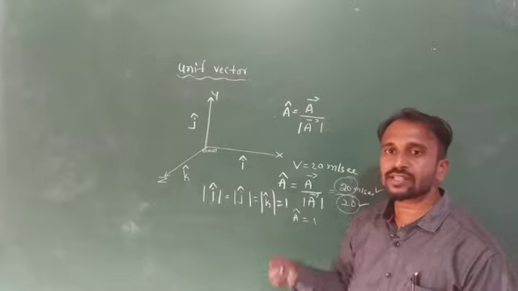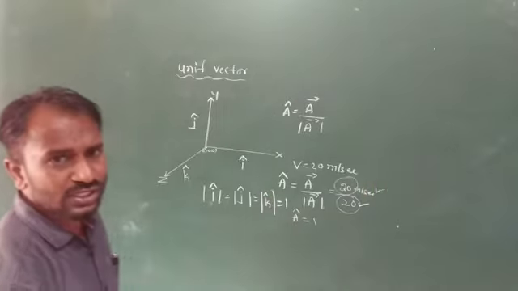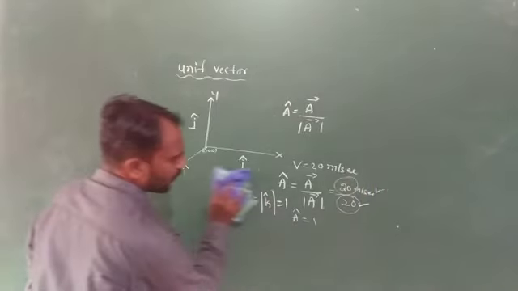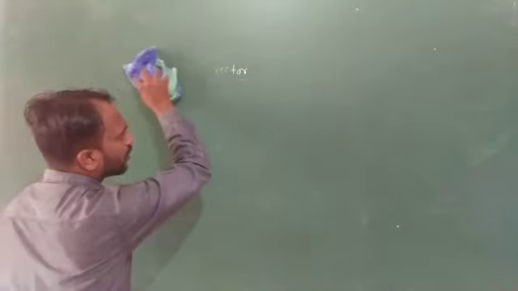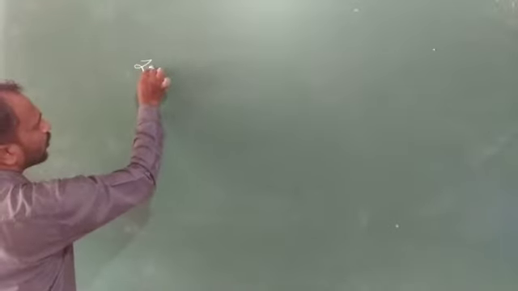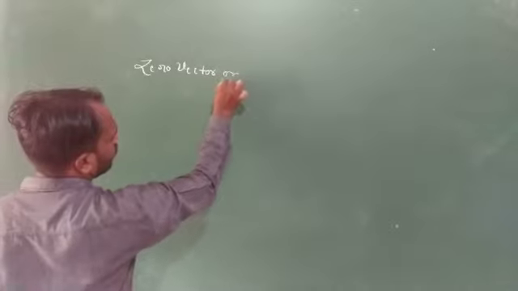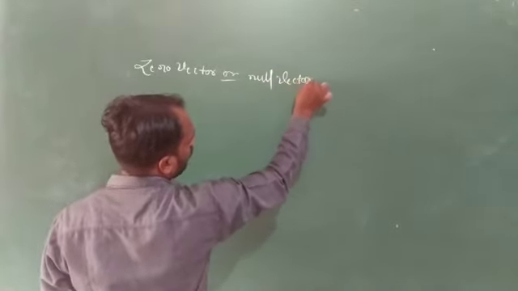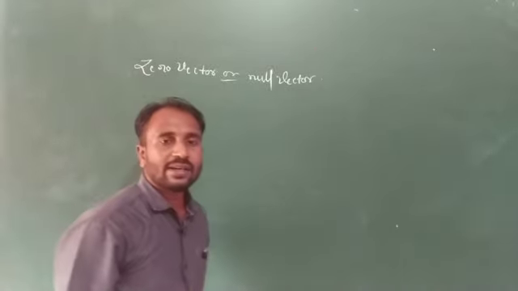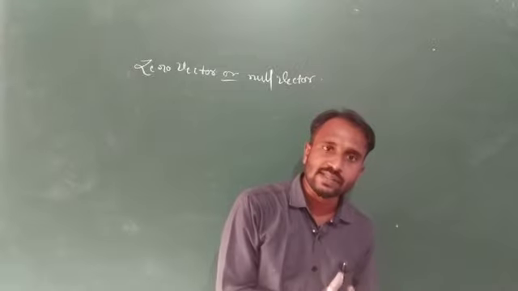And the next thing is zero vectors, or we consider it a null vector. A zero vector or null vector means its magnitude is always 0.